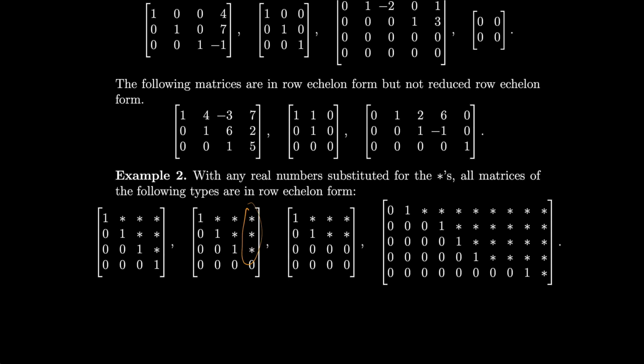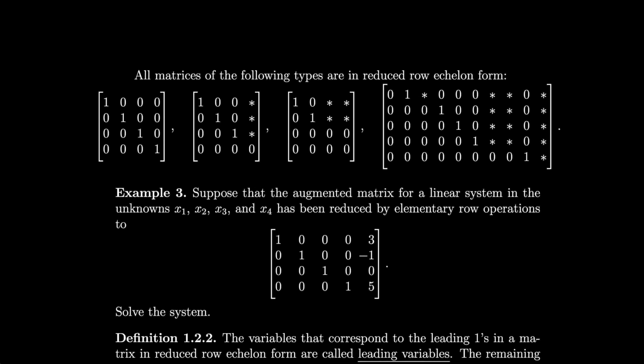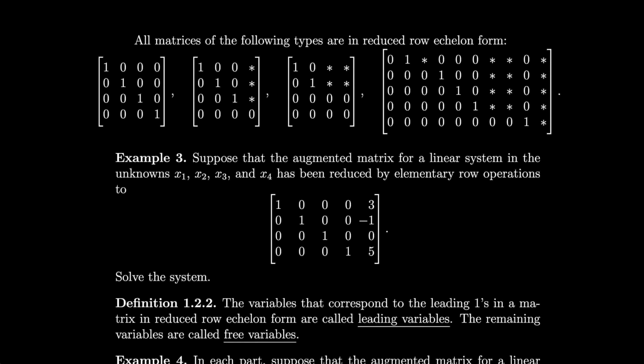These wouldn't have to be zeros because it's above a 0. Notice over here, these are in reduced row echelon form. These are the zeros instead of those stars, like I mentioned. You could still have any number over here because it's not above the leading 1. Over here, that would have to be a 0, etc.